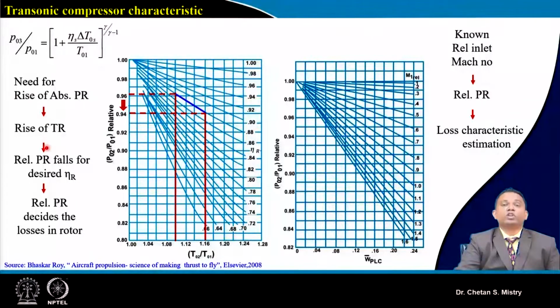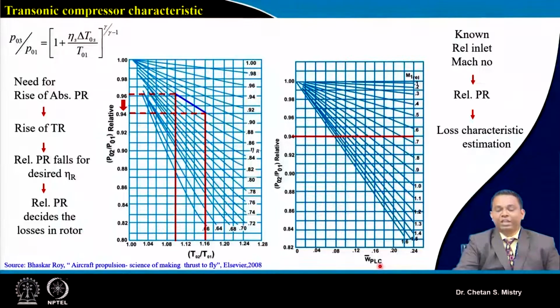This relative pressure ratio represents the pressure rise that is happening inside my rotor. Okay, and this relative pressure ratio will help us understand the losses happening within the rotor. Now suppose I am considering a relative pressure ratio of 0.94, and this represents my relative entry Mach number, and this represents my losses.